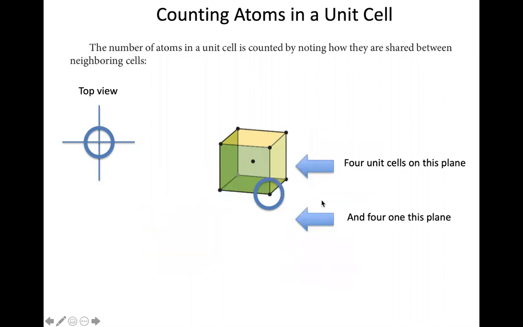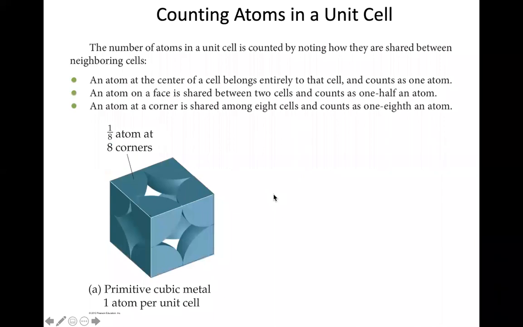And I'd have to have another 4 that would be below it, because wouldn't you say that corner right there has to be in the unit cells that are in this top plane and the unit cells that are below it? If I were to look at that particular corner, then this would be a way that we have how it's being shown divided up amongst its neighbors.